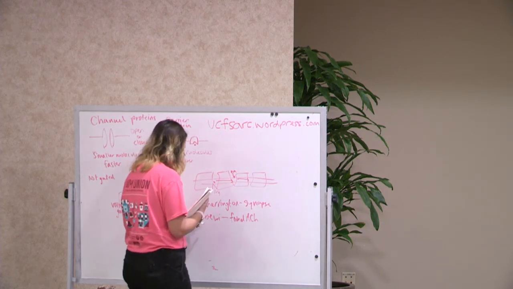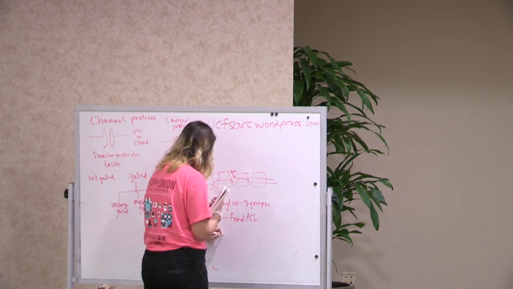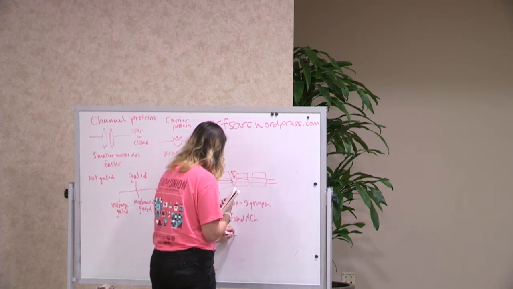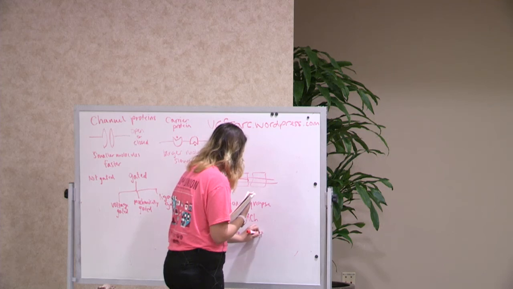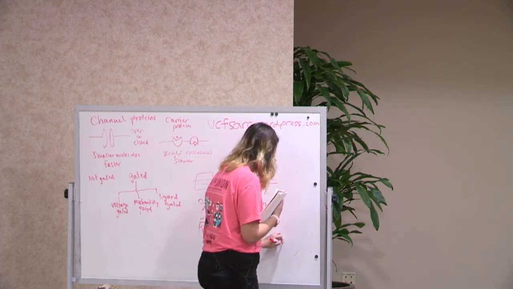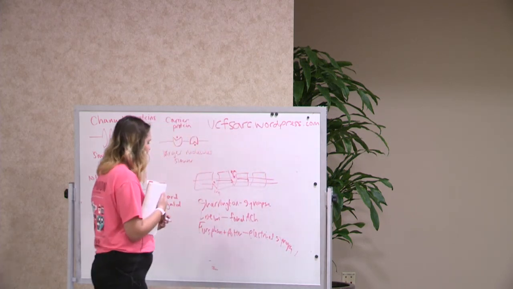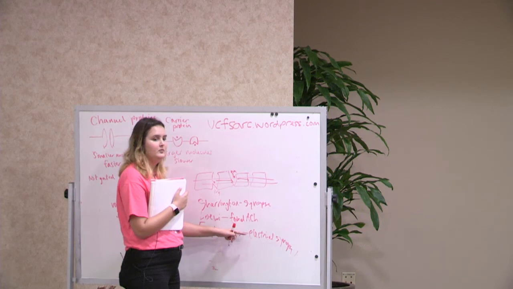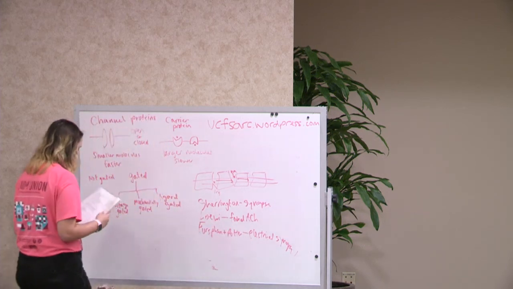And then Furshpan and Potter were the ones who found the electrical synapse, which we're going to talk about the difference between the electrical synapse and the chemical synapse in a second. I always remember that because of Harry Potter. He had a lightning bolt on his forehead, electrical. It kind of goes hand in hand.